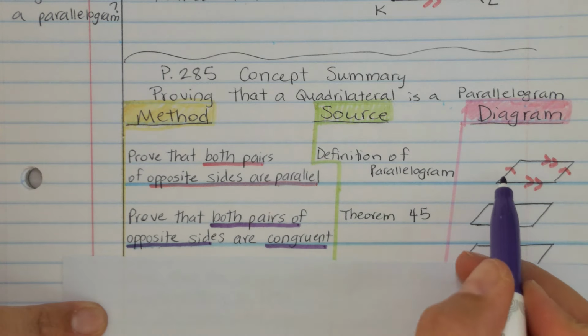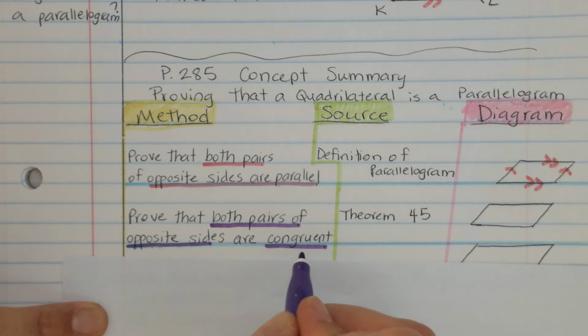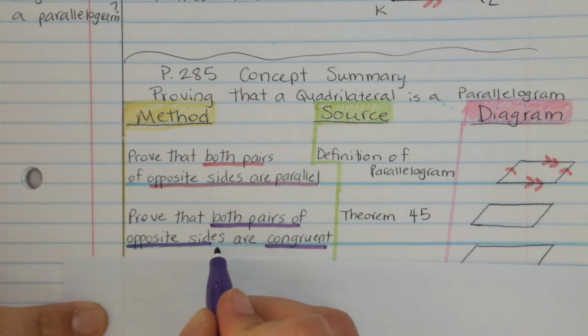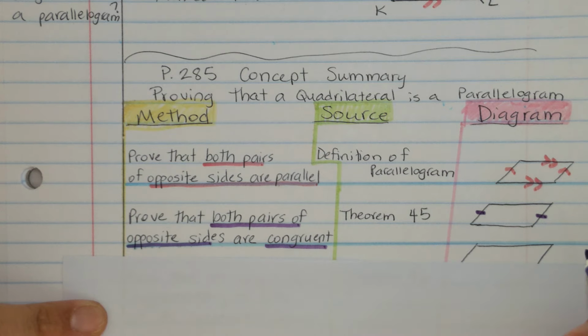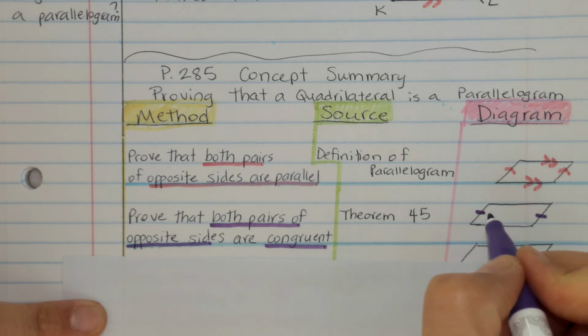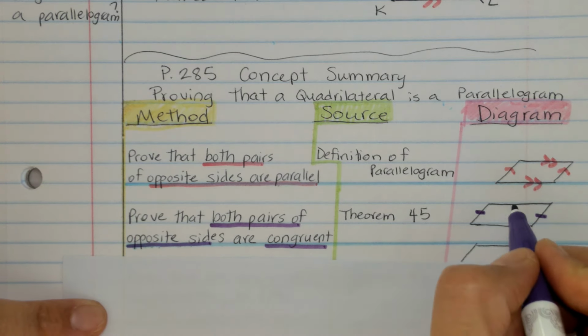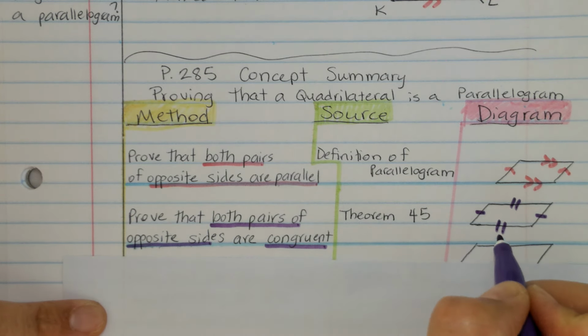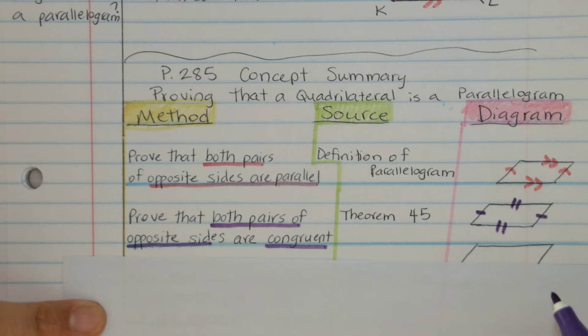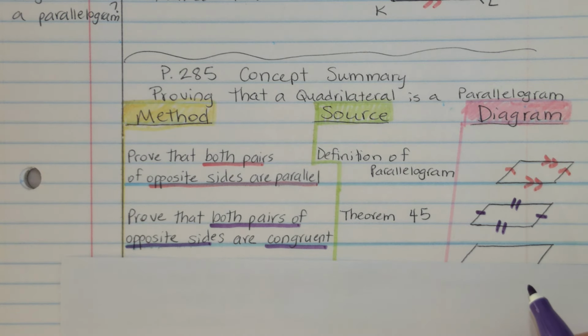The parallel marks are the little arrows. Congruent marks for sides are the little lines. I would have opposite sides congruent with one mark. It doesn't matter which one's one and which one's two, but they have to match up. Top and bottom match up, they're congruent, and left and right match up, they're congruent. That's based off of theorem 45.